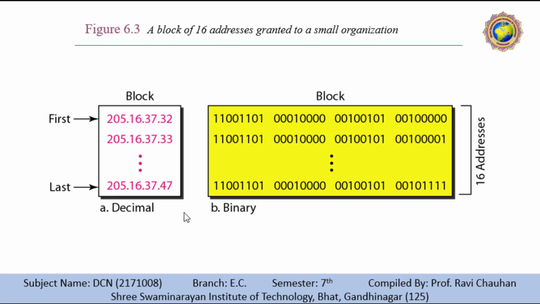It is granted to a small business that needs only 16 addresses. We can see that the restrictions are applied in this block. The addresses are contiguous. The number of addresses is a power of 2. Over here 16 is there, so it is 2 raised to 4.